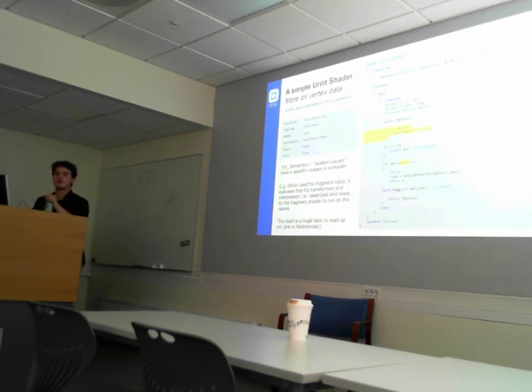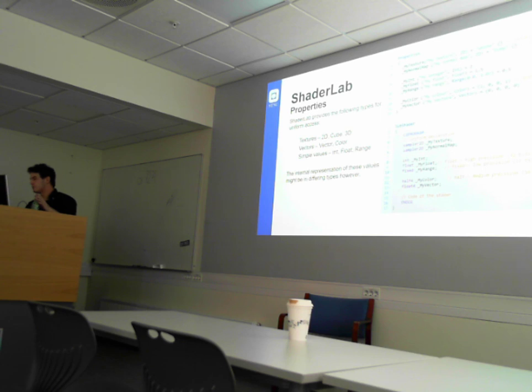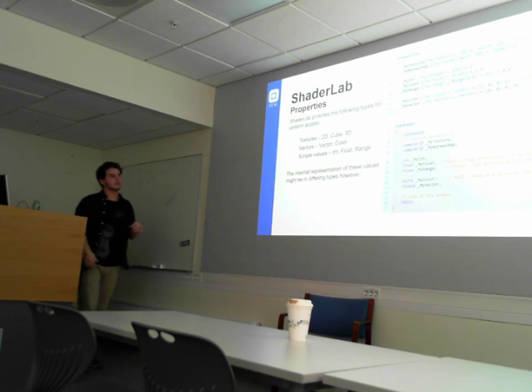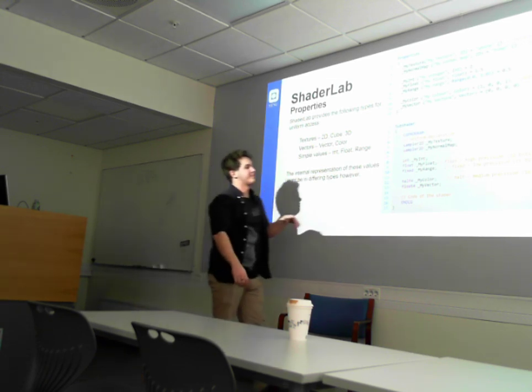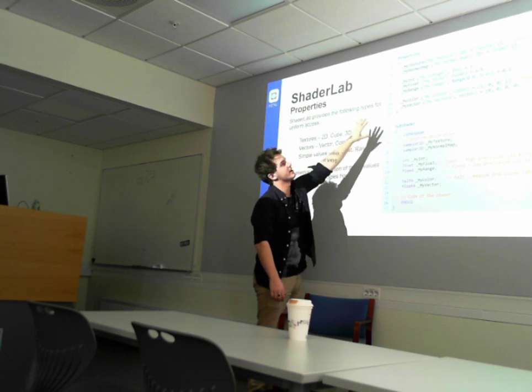Yes? How do we make uniforms? So uniforms, yes. I'll go back and let's see this slide. Uniforms are actually defined for the shader here, but for Unity, they're declared there.